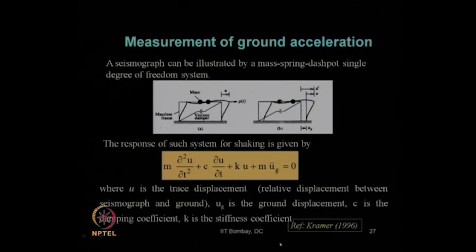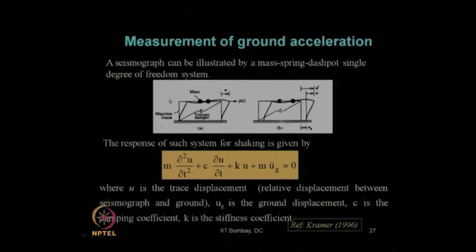Now, when we talk about the measurement of ground acceleration, this is a typical picture which shows how a seismograph can be illustrated based on the basic model of the mass spring dashpot single degree of freedom system.